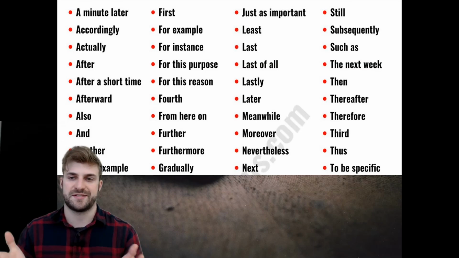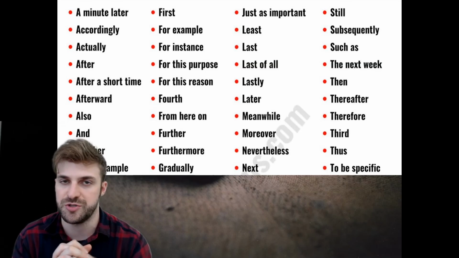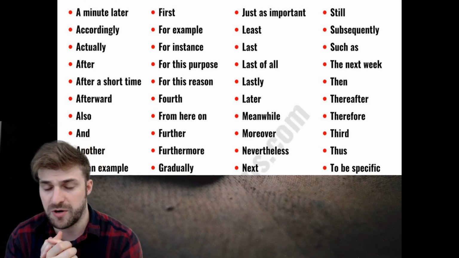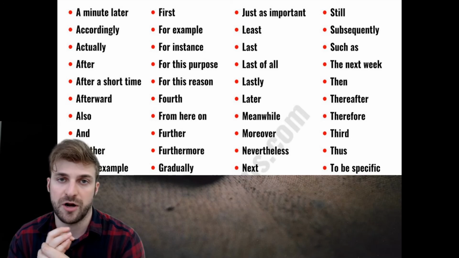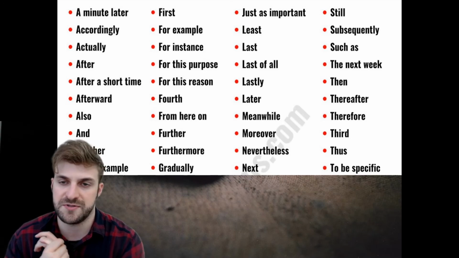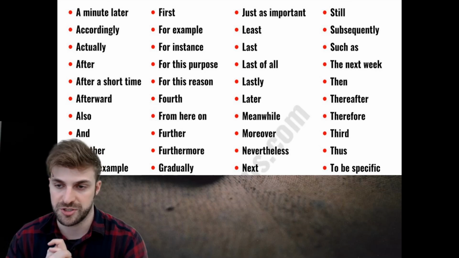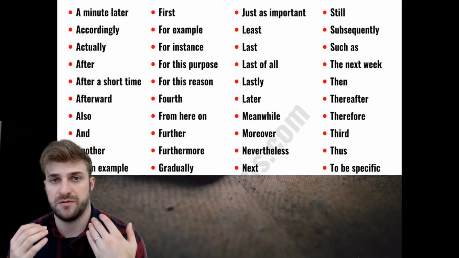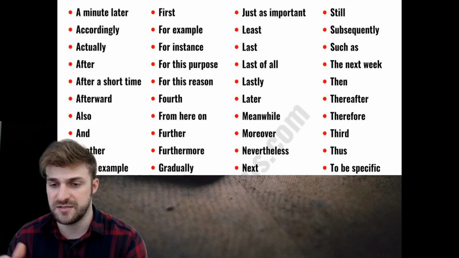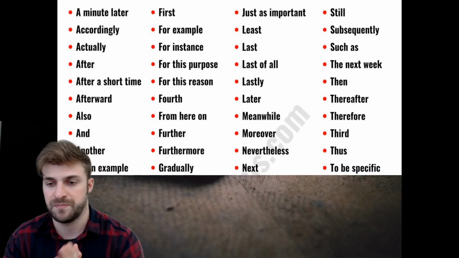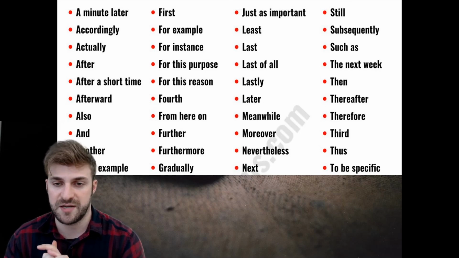So here is a simple list of some conjunctions you might see yourself using. There's quite a few. There are also going to be some in the articles or the book that you'll be getting. And of course, you can also use the internet to search for more conjunctions to use. So after we finish our sentences, going into hypothesis and our paragraphs, you're going to be doing your assignment.